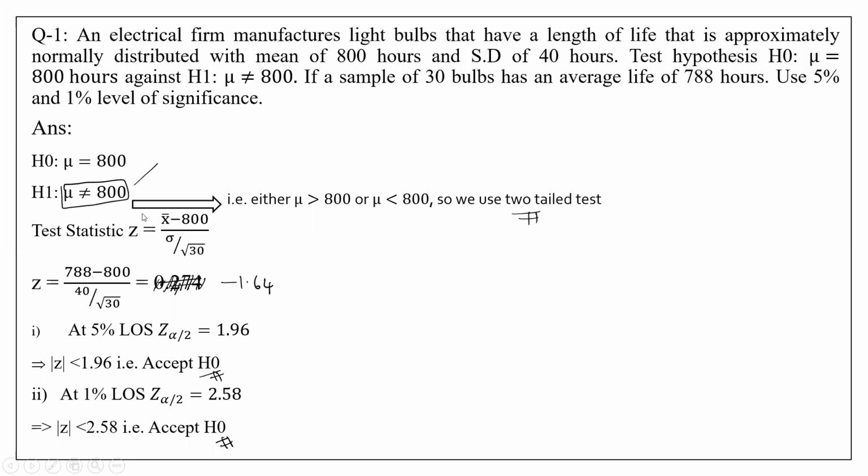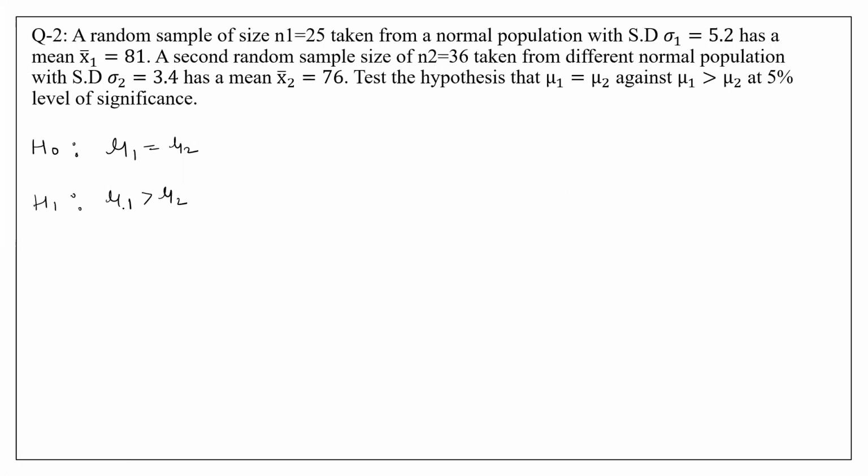But in this example, they have specifically mentioned the alternative hypothesis that mu1 is greater than mu2. It means mu1 minus mu2 should be greater than 0. So basically, the hypothesis you are going to test is on the right hand side.